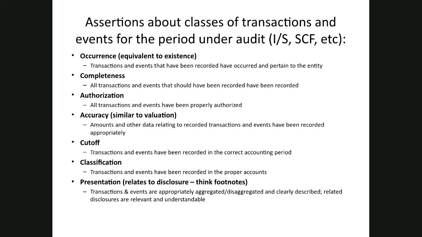Again, as the first two, we have occurrence and completeness. And I'll be clear, occurrence is essentially exactly the same as existence, except occurrence is just the class of transaction version. So that's why I have occurrence equivalent to existence.